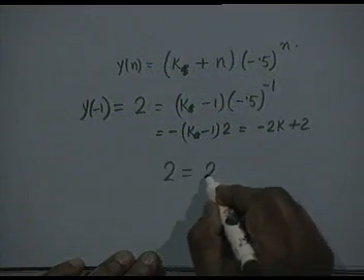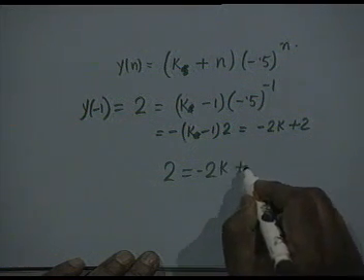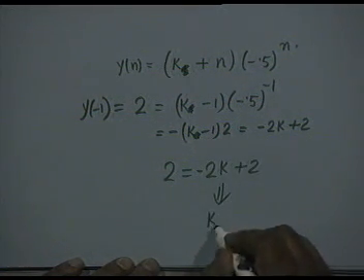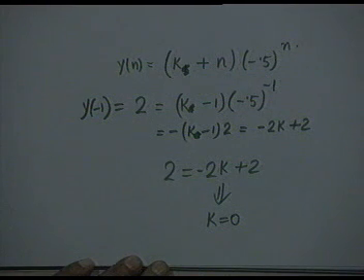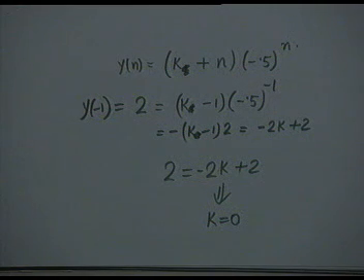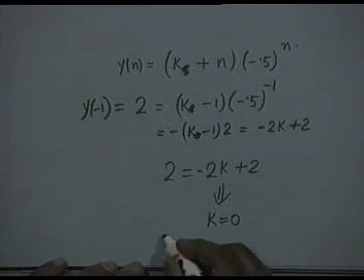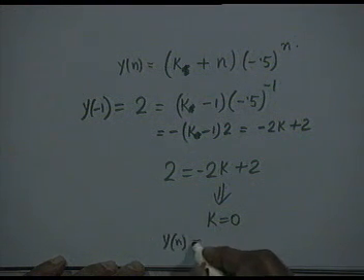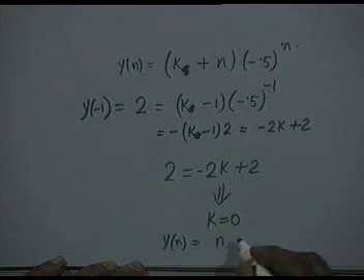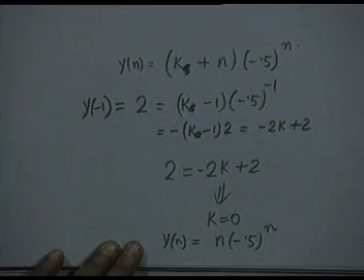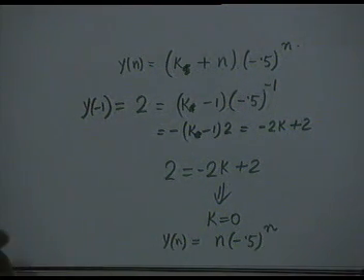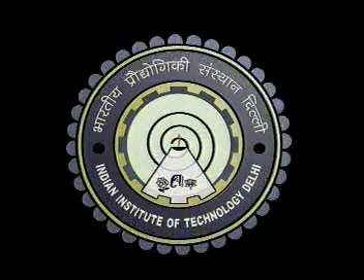Our equation now becomes 2 equal to minus 2k plus 2. What does this give for k? K equal to 0. The complementary function does not exist. It is a very interesting problem, okay. But this is the correct solution. You can verify y of n is equal to n times minus 0.5 to the power n, okay. And I think we should stop here.